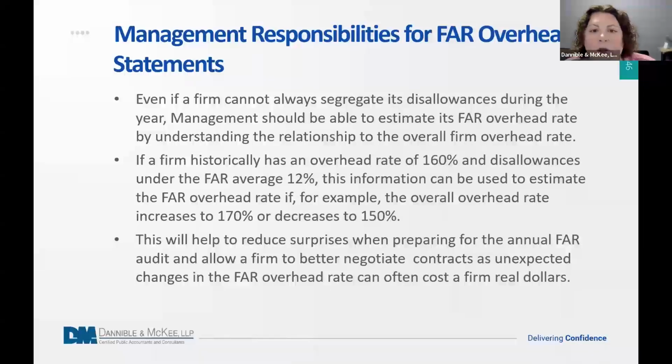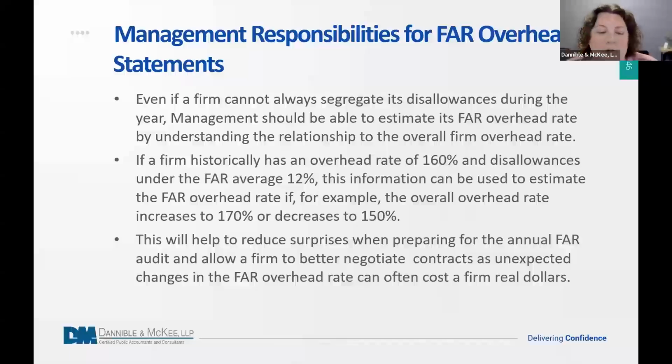If you've got your financial statement structured properly and the FAR, there's no surprises in FAR. The disallowances are pretty consistent. You may have some one-offs, but hopefully we're working with you to identify those throughout the year. Maybe you acquired a new firm. Maybe you sold off a portion of the firm.